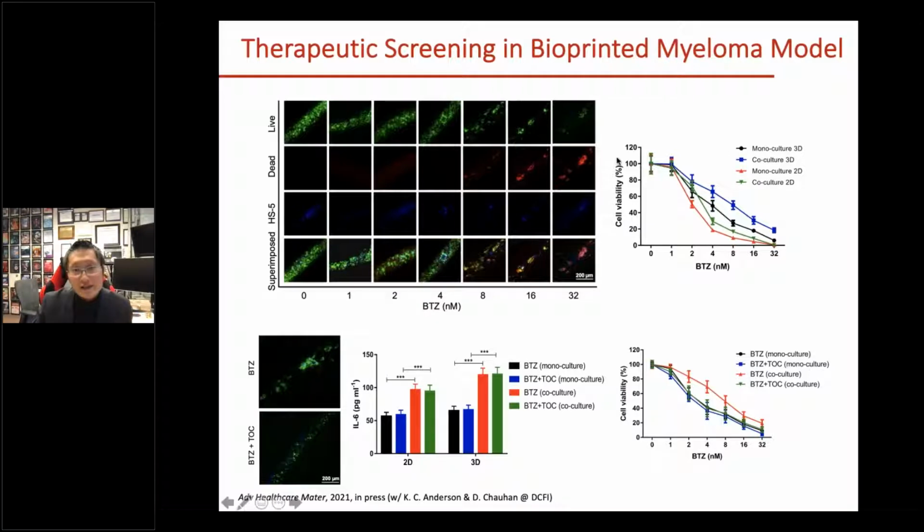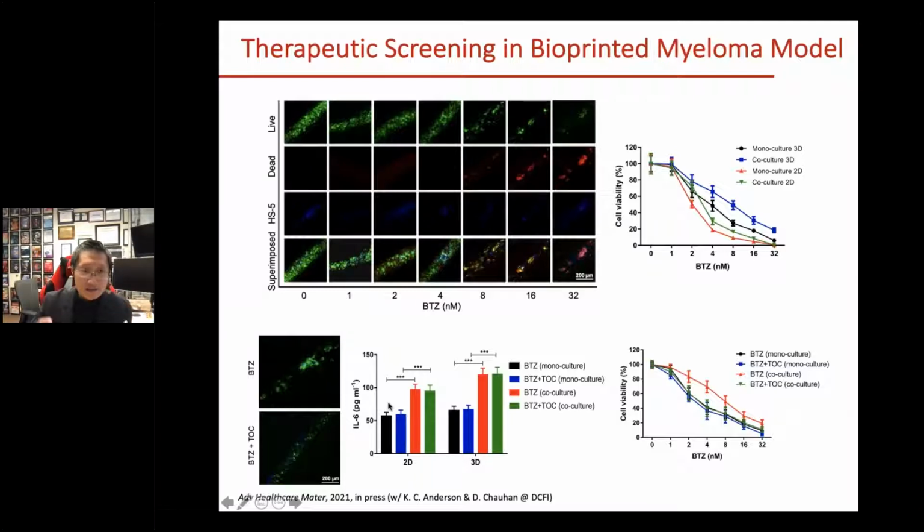Another thing is you can actually do testing for multiple drugs together. The rationale for that is, if you see this image on the left corner, in a conventional myeloma microenvironment you do have an aggregation phenomenon of the myeloma cells because of the effect of the interleukin-6 that's created by the surrounding stromal cells, right?